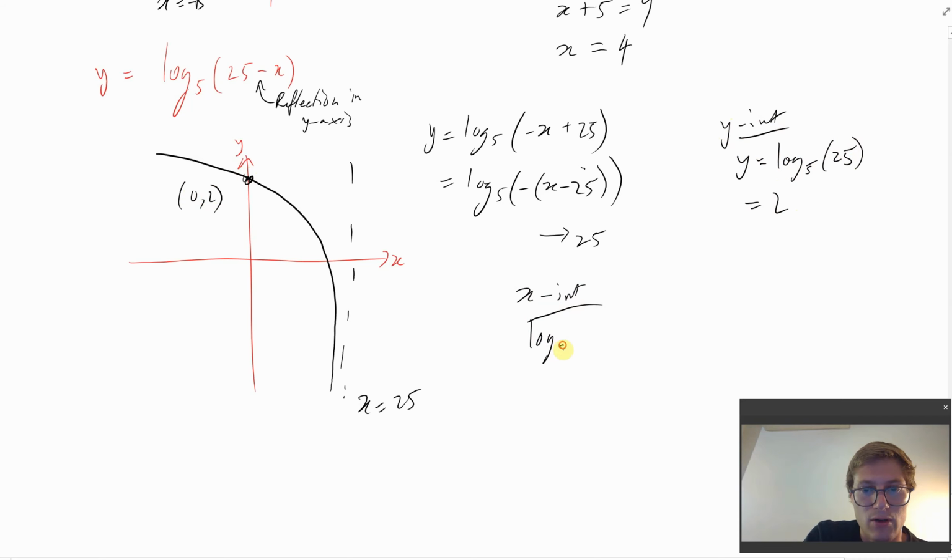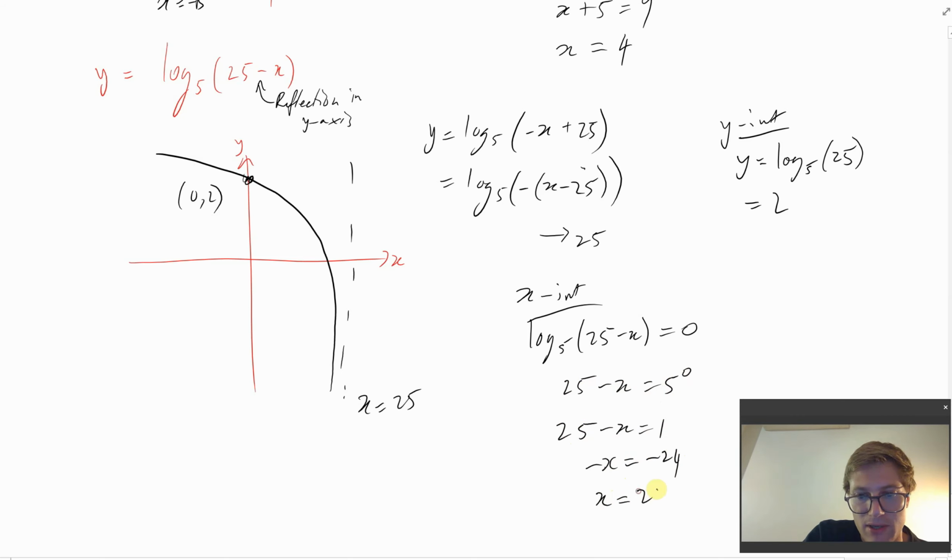So that's when log base 5 of (25 minus x) equals 0. Do 5 to the power of both sides. Anything to the power 0 is 1. Oops, equals minus 24, and so x must have been 24.